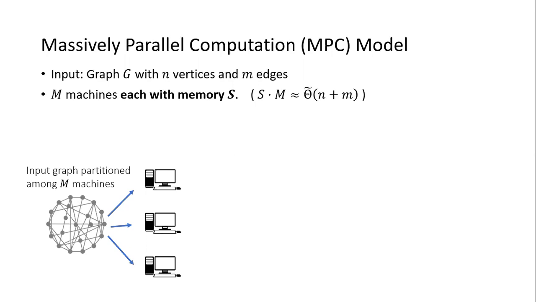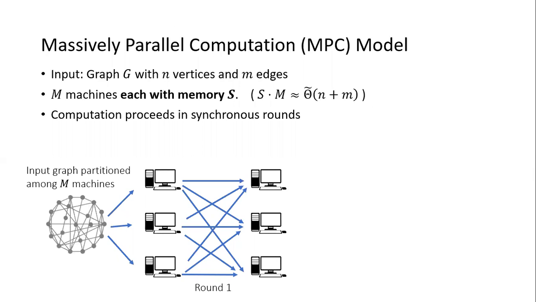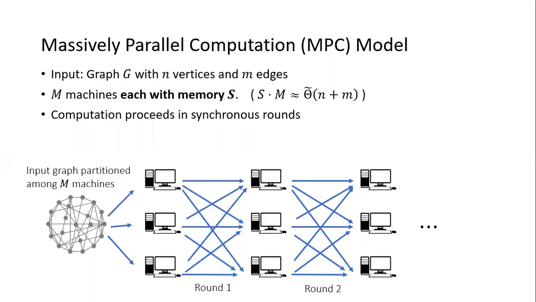Then the computation proceeds in synchronous rounds. In each round, each machine is going to perform some computation on the data stored on its local memory, and after that, the machines will communicate with each other, and then they'll do the next round of computation and so on. And we allow every pair of machines to send messages to each other.